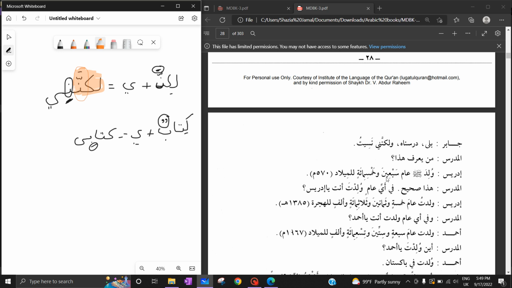Sab'ina means 70. And remember, in English, we read from the left, 570. And in Arabic, what happens? We write numbers as 570, but in writing, when we write it in alphabets, we start from here.